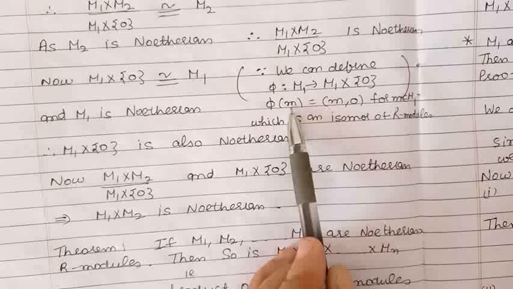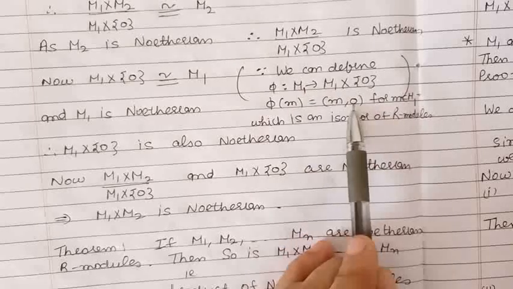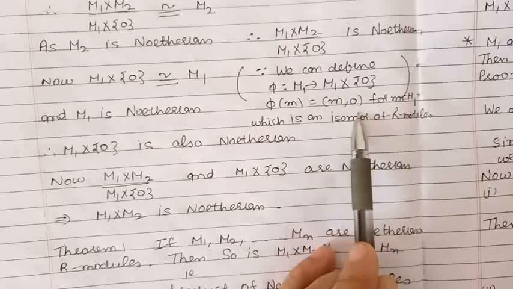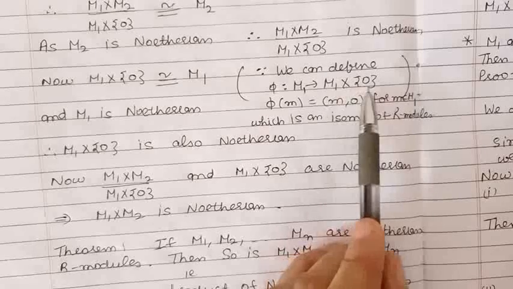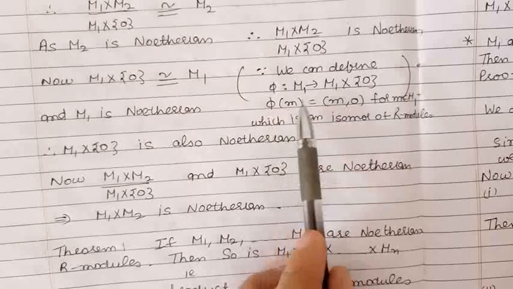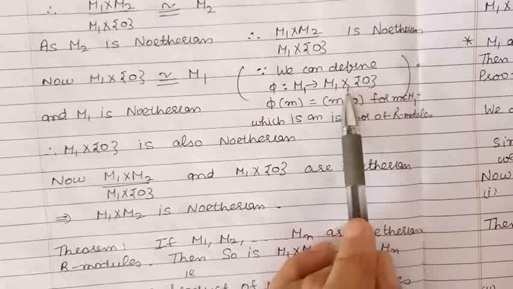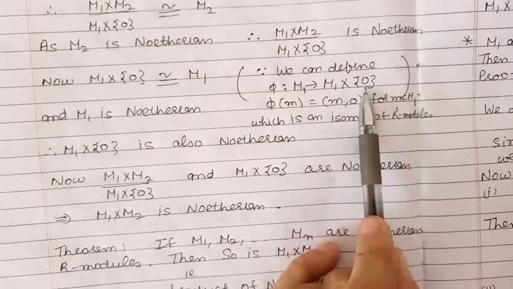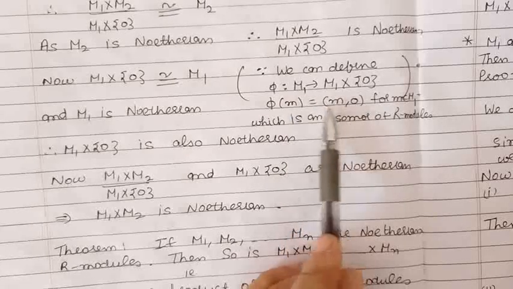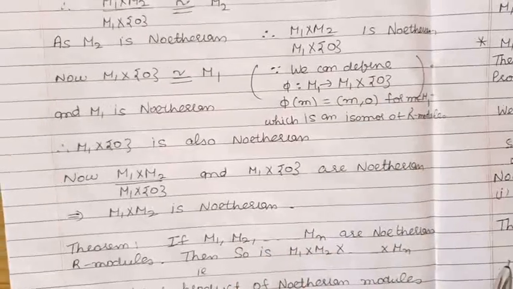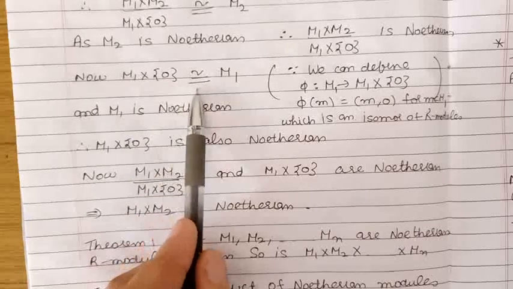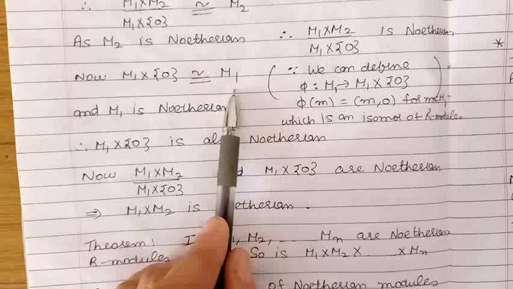Because m belongs to module M1 and the zero element belongs to the zero module, this ordered pair (m, 0) belongs to the product of modules M1 and zero module. In this way we have defined a mapping phi from module M1 into the module M1 cross zero module. You can easily prove that this mapping is an isomorphism of R modules, which means these two modules are isomorphic. So we can say that the module M1 cross 0 module is isomorphic to the module M1.